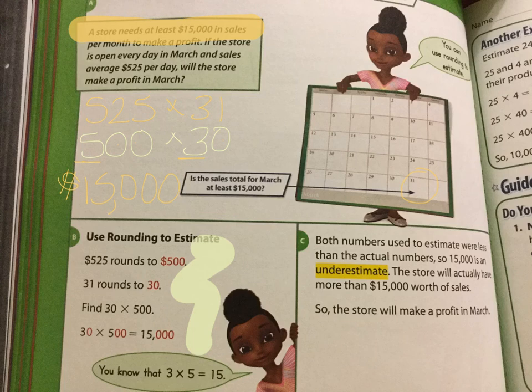We went from 525 down to 500 and 31 down to 30. That means that $15,000 is an underestimate, meaning that the store will actually have more than $15,000 worth of sales. Okay, so the store will make a profit.